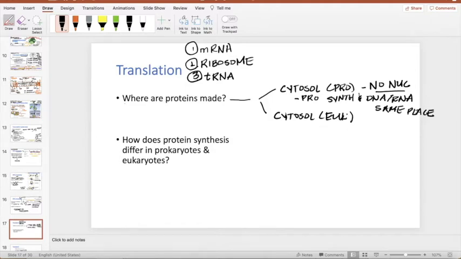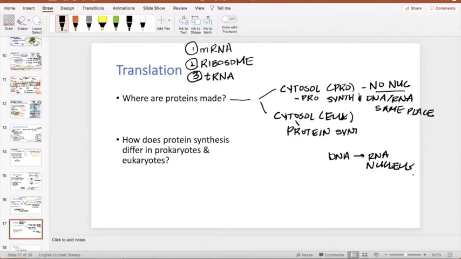If you're a eukaryote, remember you have a nucleus. So the ribosomes or protein synthesis exist in the cytosol. So protein synthesis is in the cytosol, but DNA is transcribed into RNA in the nucleus, right?